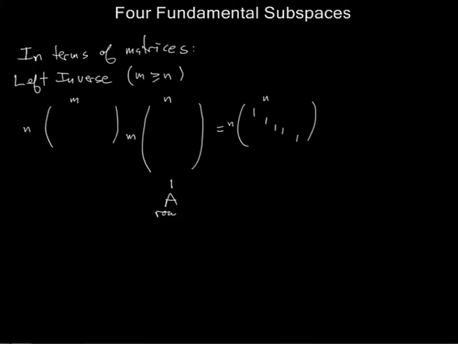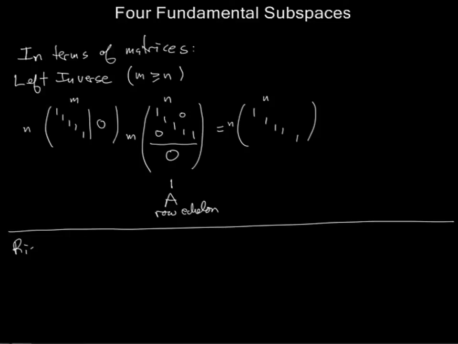And this matrix here is A, and this matrix over here is supposed to be L. Well, you put A in row echelon form, and then you take L to be this matrix. And you see that the product of those two matrices is indeed the identity of size n.